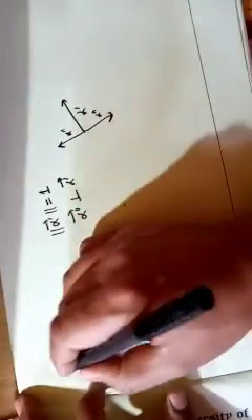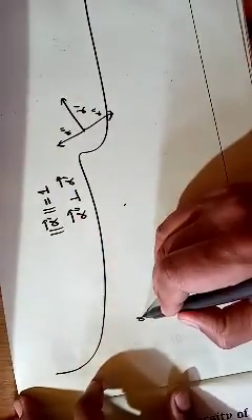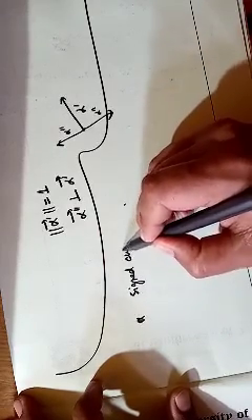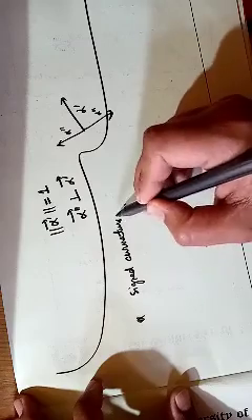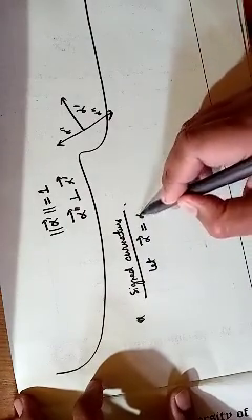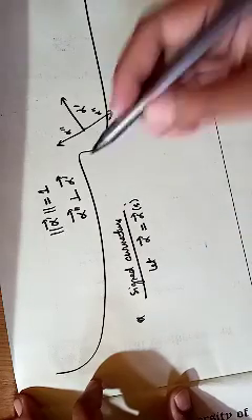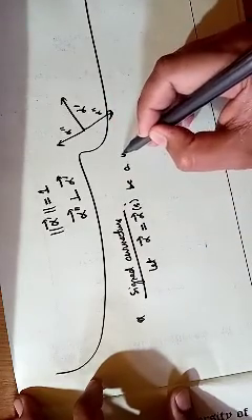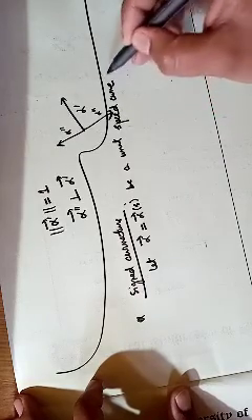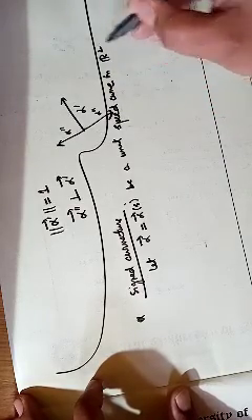Okay, so let me write down the definition. Signed curvature. Let alpha, alpha at s, be a unit speed curve in R2, that's a plane.